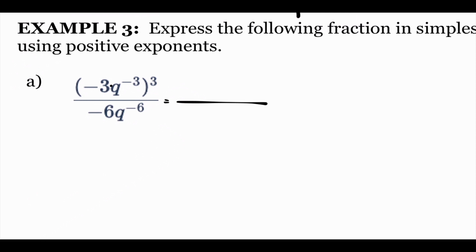Both of those guys are going to get a third power. Going to distribute that power to both. Oops, should be +3 on the outside. The bottom doesn't have any parentheses, so I'm just going to leave it alone for right now.